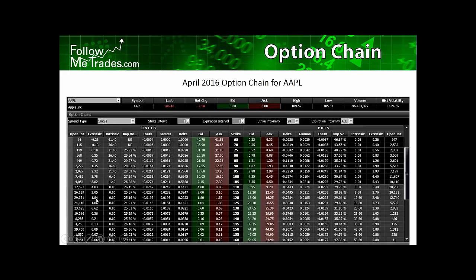And here's all the different strike price contracts now available. And for the calls, you can see there's a shading change here. These are what's called in the money, and these are what is called out of the money. And out of the money means that the strike price of the contract is above the current price.